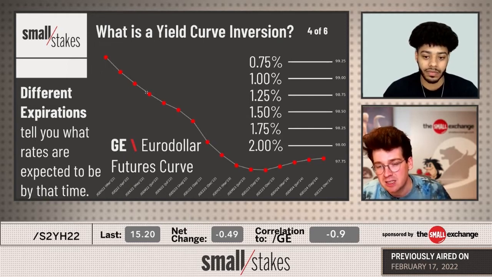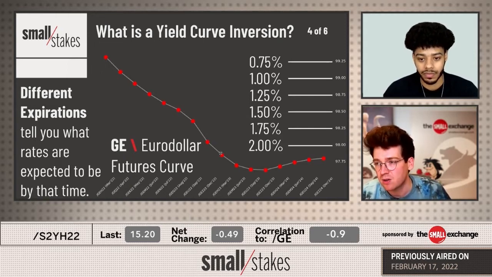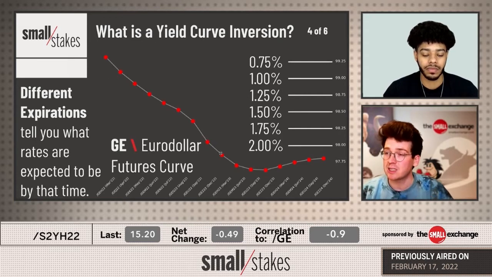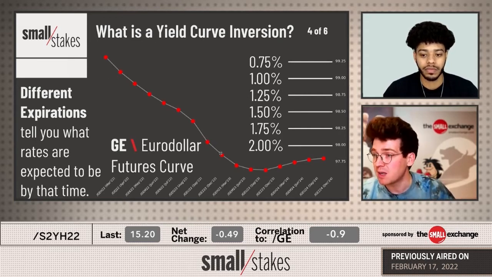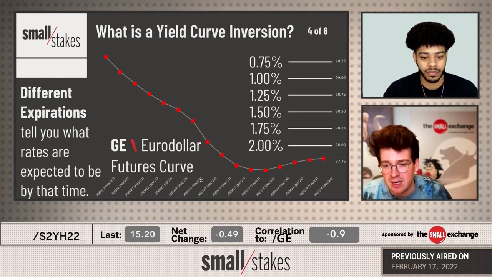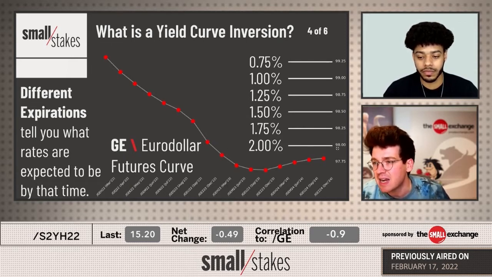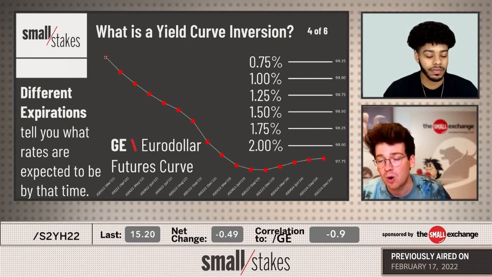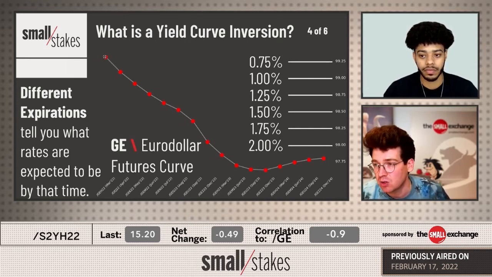You see that this is a downward sloping Eurodollar futures curve, which translates to an upward sloping yield curve, right? And so you go out in time and look right here at December of this year, the Eurodollar price is down at around 98, which is 2%. So right now we're projecting interest rates in the short term to be 0.7%. Guess what?